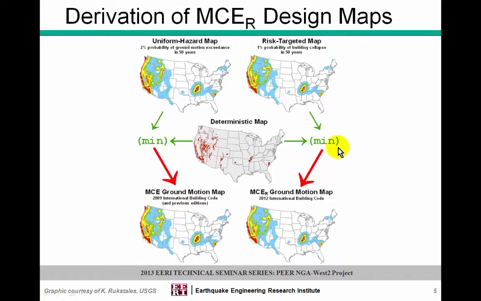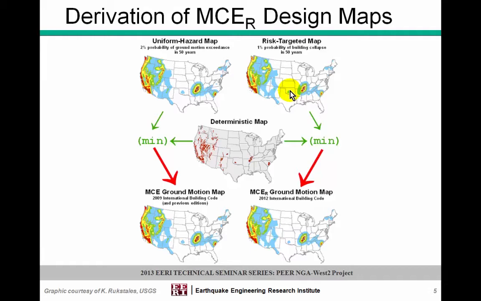So the process is overall pretty similar. We still have deterministic ground motion caps in getting to the 2012 MCER ground motion maps, but now the probabilistic part up here is not a uniform hazard ground motion anymore. It's a risk-targeted map, and I'll state this now but explain it in the following slides.